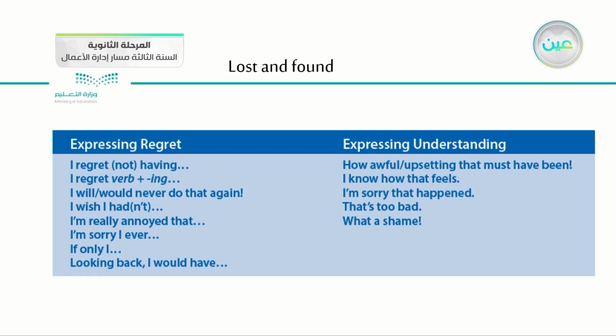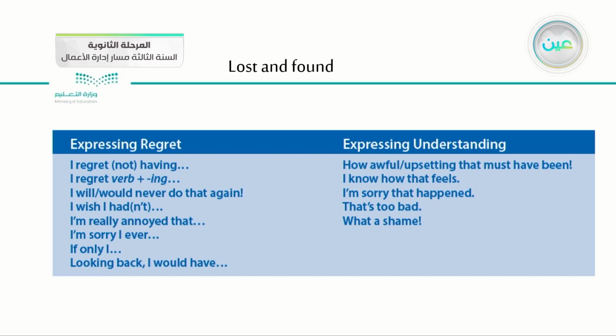I regret, and of course, you can use it in the negative or positive way. I regret plus the verb with ing, and of course, I will or would never do that again. I wish I hadn't. I'm really annoyed that. I'm sorry I ever. If only I, looking back, I would have. So you can use all these ways to express your regret.